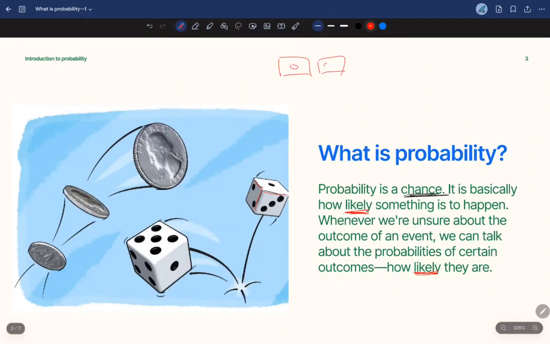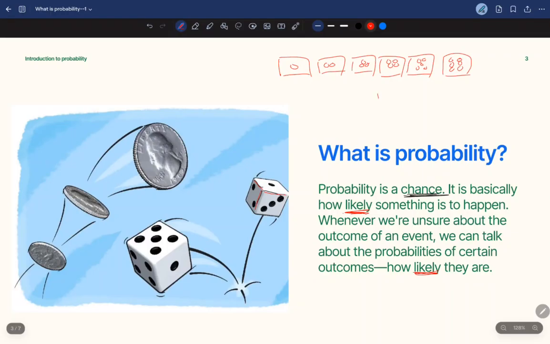1, 2, 3, 4, 5, and lastly 6. On a 6-sided dice, the total number of outcomes is 6. If the question asks, what is the chance of rolling a 5 on the dice?